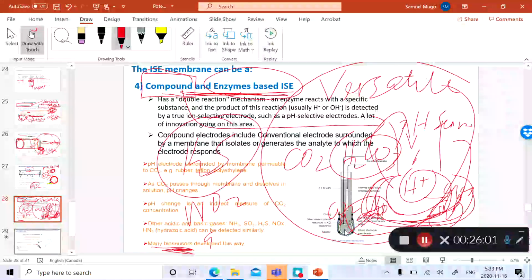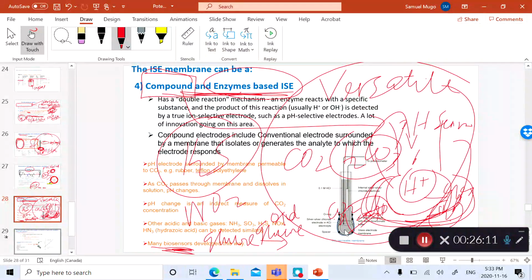If you take glucose, okay, and then you impregnate the membrane with an enzyme called glucose oxidase, the product that you often get is what you call glucuronic acid. And so it's an acid. And so this acid, again, can change the pH of the solution of the water inside. And that way, now you've got a glucose sensor.